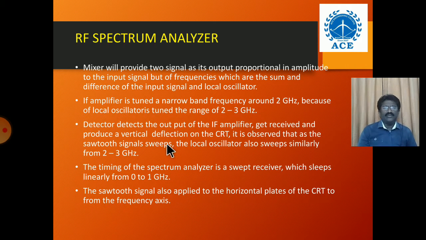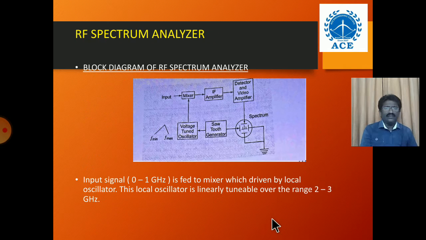So your mixer will provide two signals at its output, proportional in amplitude to the input signal, but of frequencies which are the sum and difference of the input signal and the local oscillator.